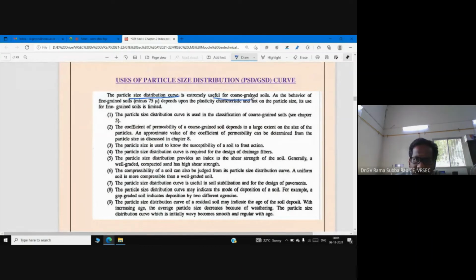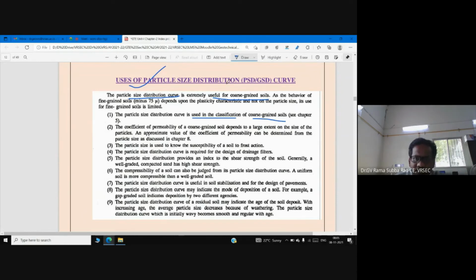It is useful for coarse grained soils, which I told you just now means gravel and sand. The curve is in fact used for classification of coarse grained soil, just the way we classified gravel and sand, and, very important, the way we classified well graded or poorly graded gravel. All these things are possible by drawing the particle size distribution curve.